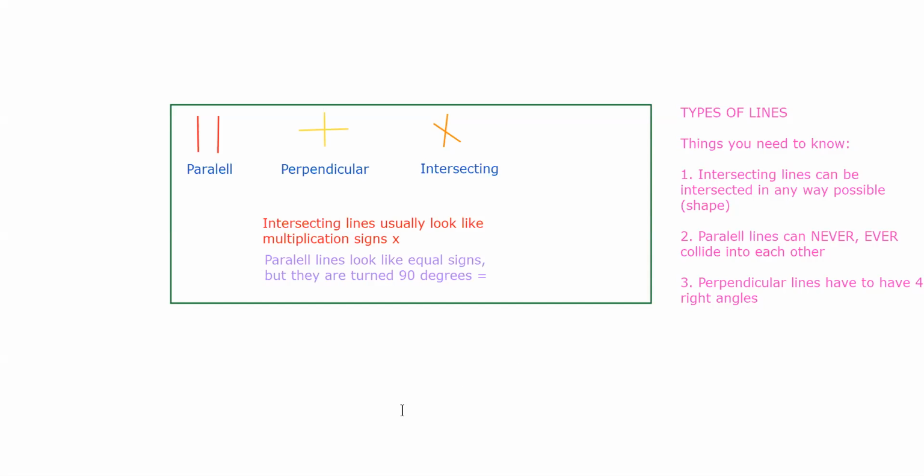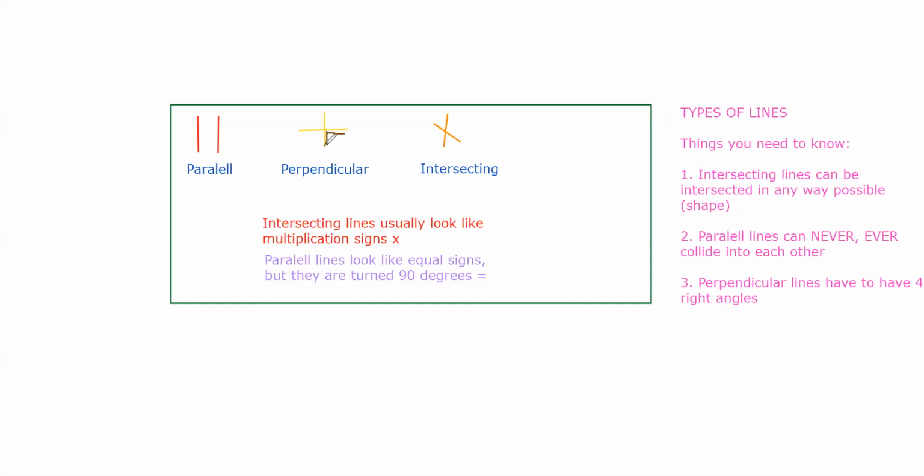The next one I might have to go out of this box, but that's fine. So our next rule says that perpendicular lines have to have 4 right angles. So right here are our perpendicular lines, and I'll do them all in 4 different colors, but let's just take one.